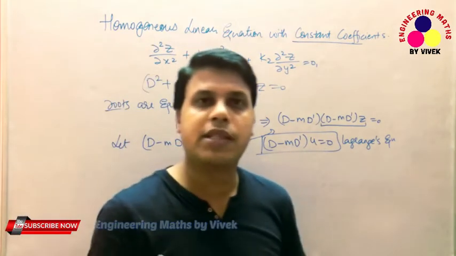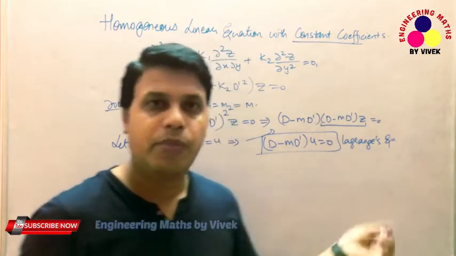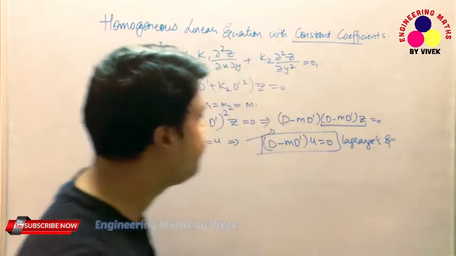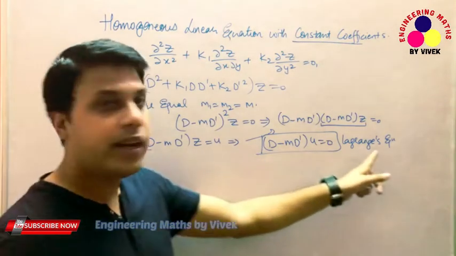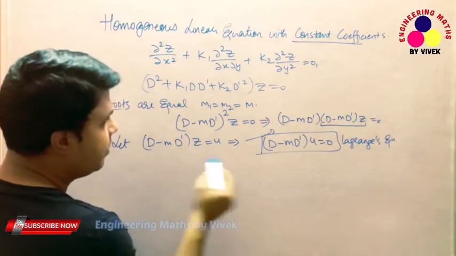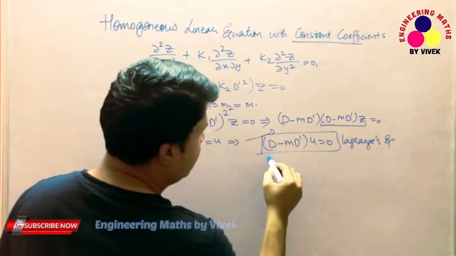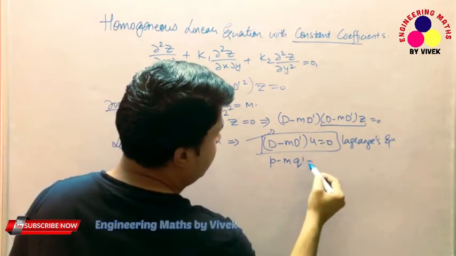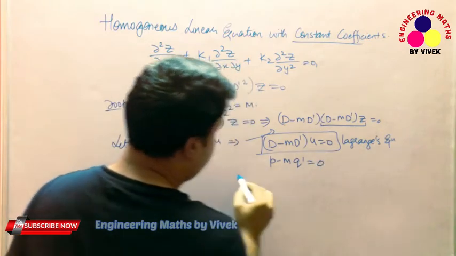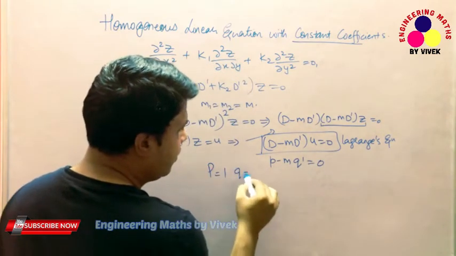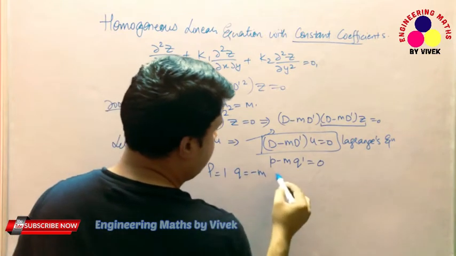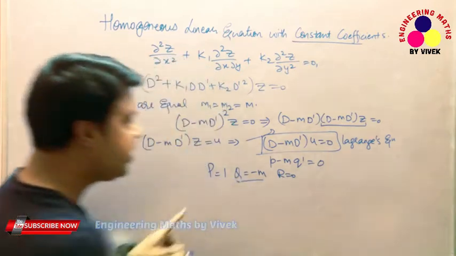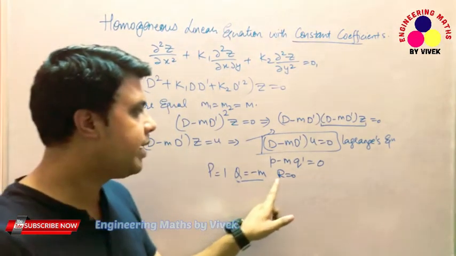Now we have to solve this equation as we did in the previous equation. So what will be the solution of this equation? This is a Lagrange's equation in which capital P is 1, capital Q is minus m and R is 0.